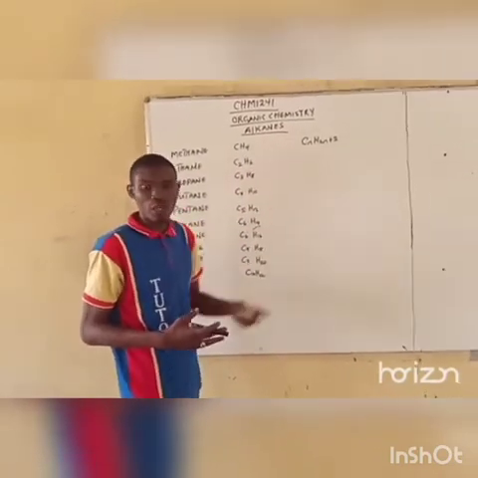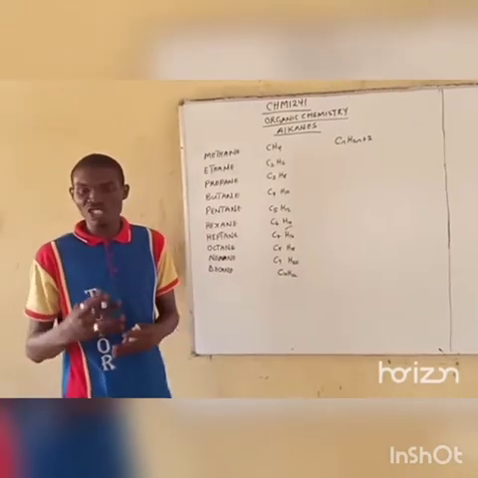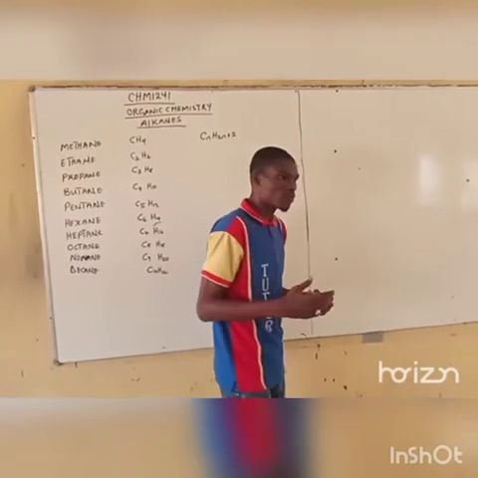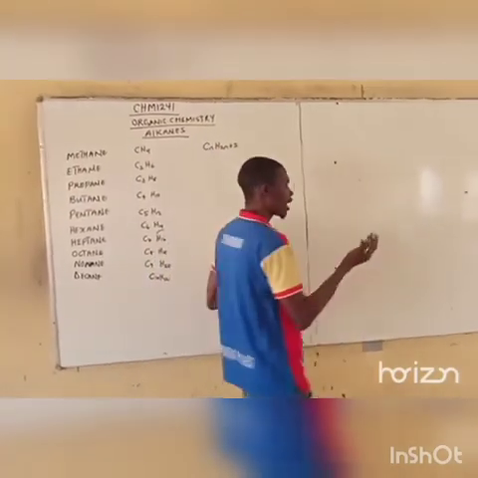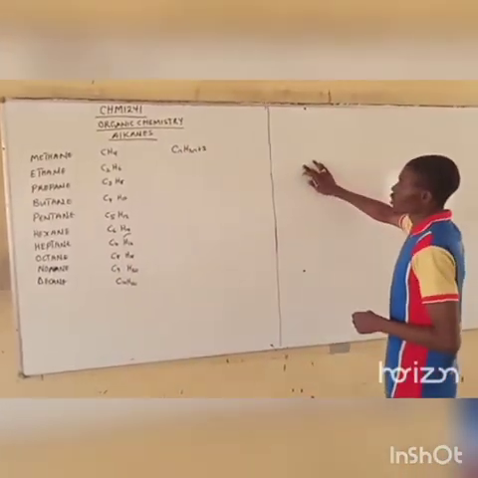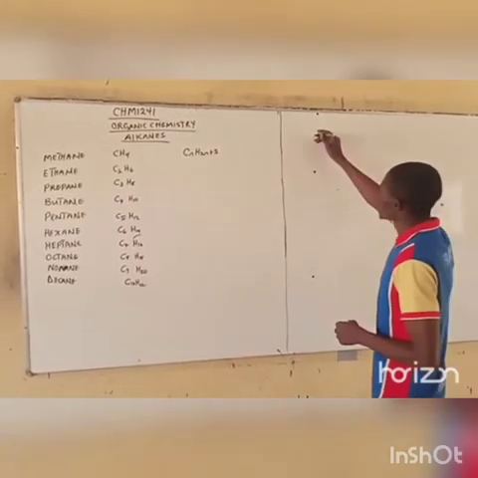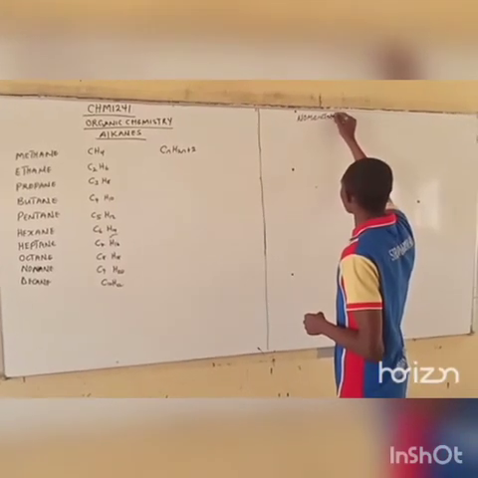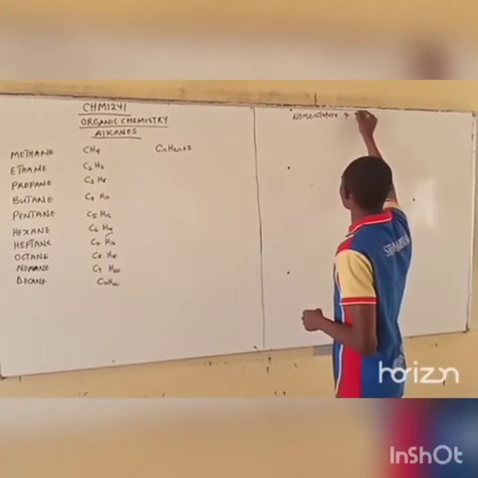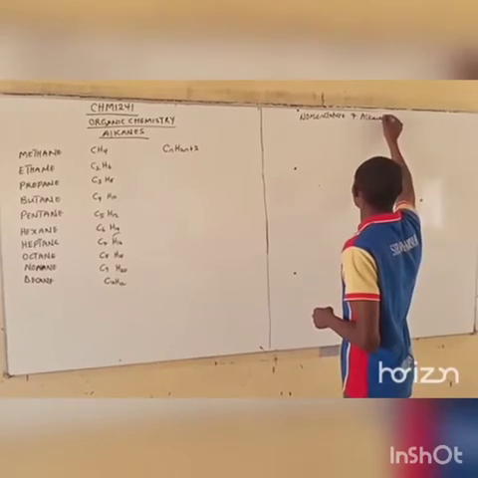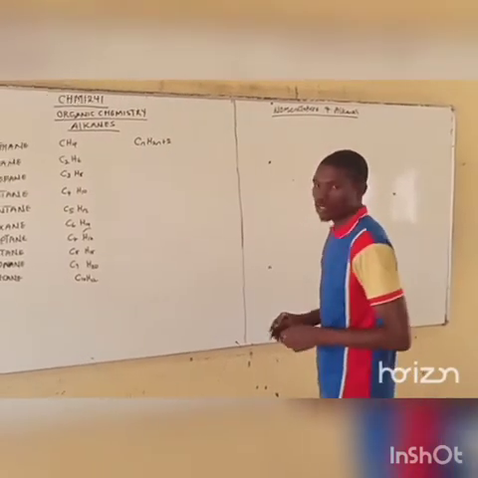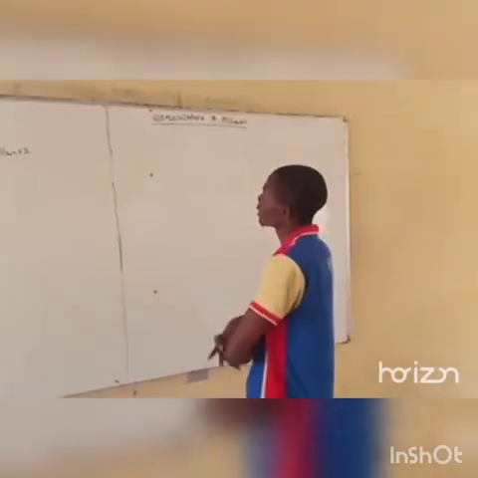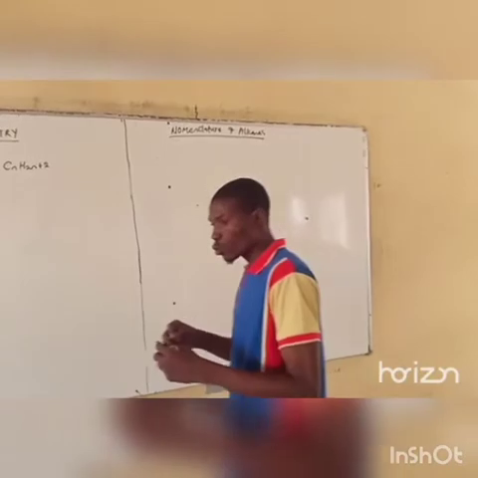In the naming of the alkanes, we are going to start with naming of the straight chain alkanes, that is the aliphatic hydrocarbons, which are straight chain hydrocarbons. One thing we have to look at in the nomenclature of alkanes is that it has rules.